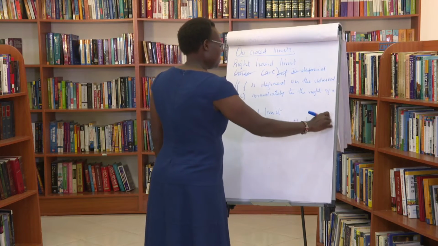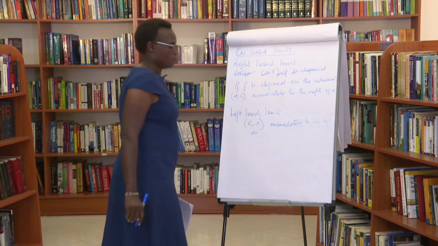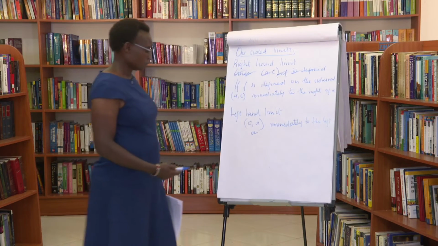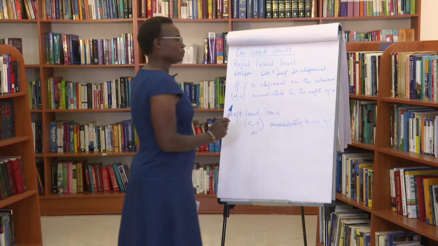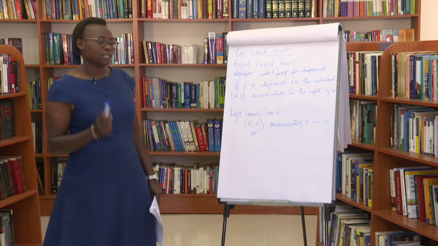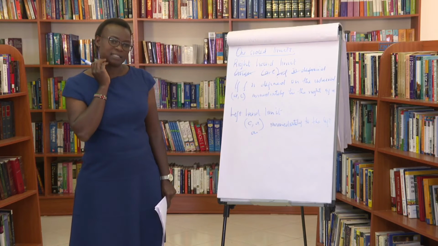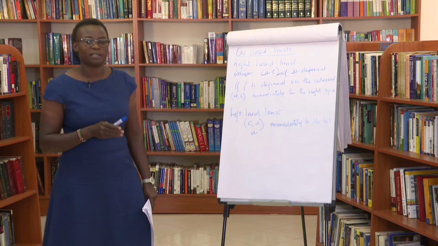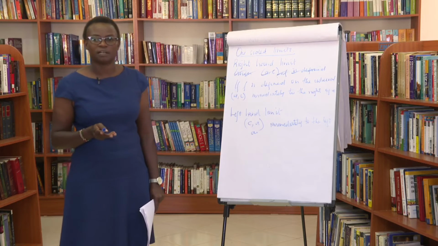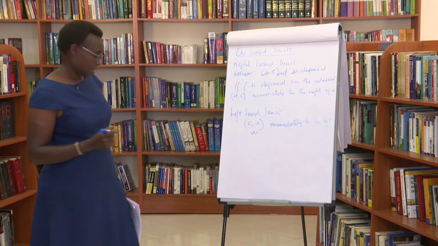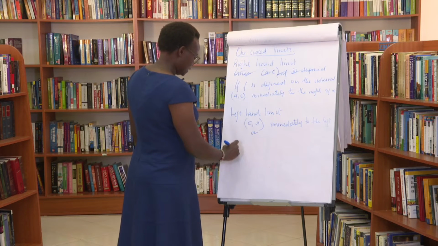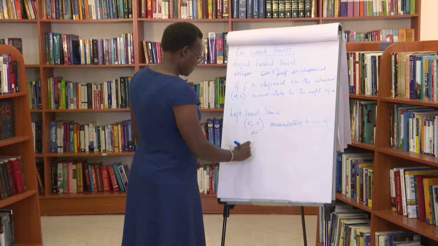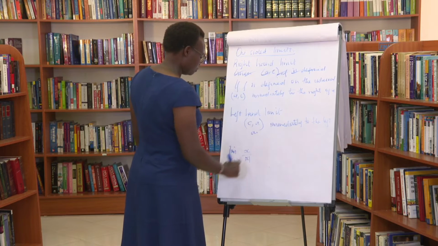I can use an example here to make it clearer. There's a function we looked at whose limit fails to exist because the behavior from the left is different from the behavior from the right. We were getting the limit as x tends towards 0 of x over absolute value of x.